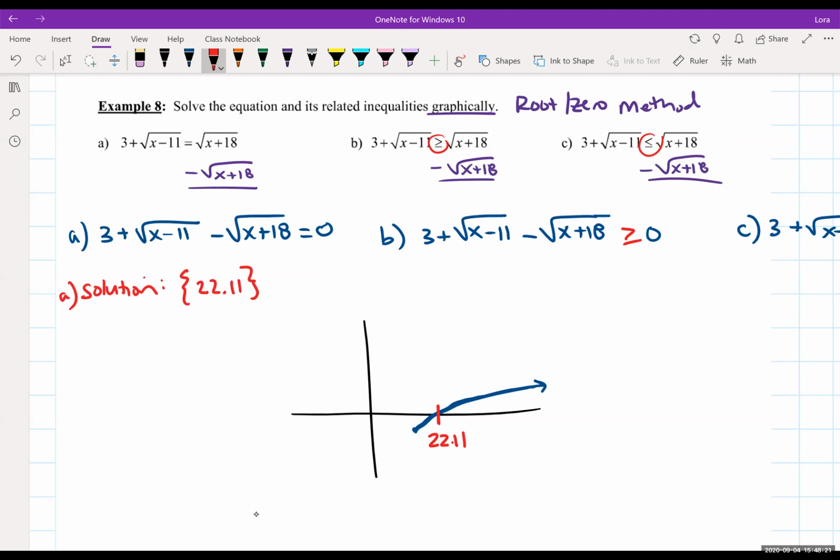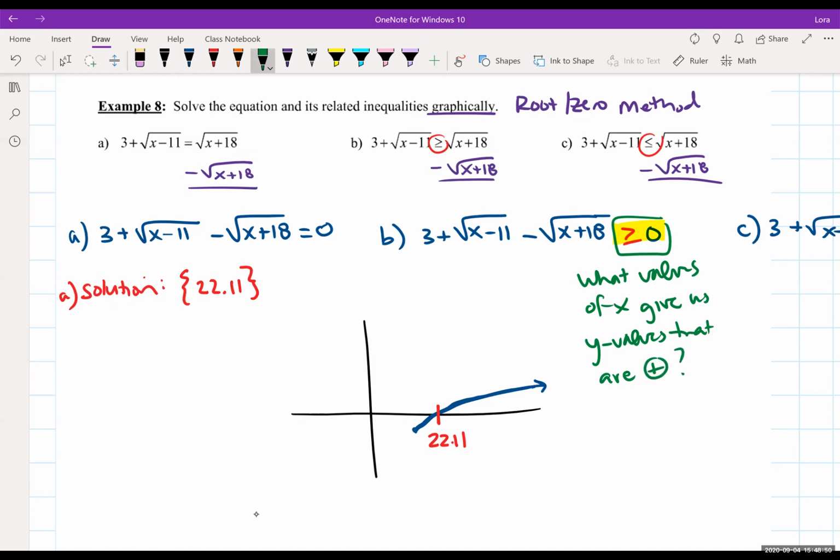Now with part B, we're interpreting greater than or equal to 0. So again, if you reword this into English for yourselves, I'm looking at what values of x give us y values that are positive.